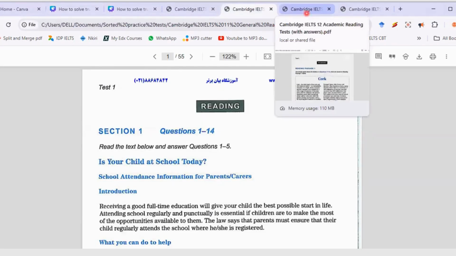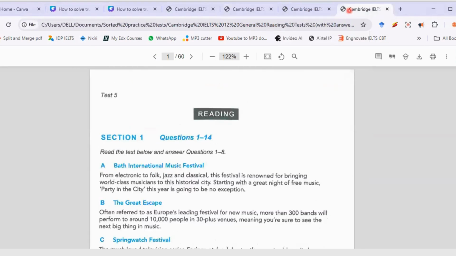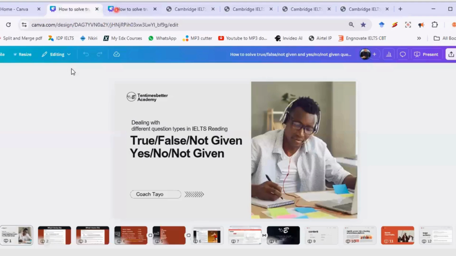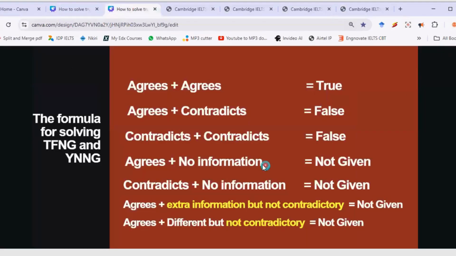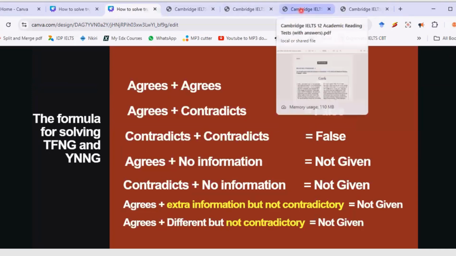I will tell the person to practice true false not given questions in IELTS General so that you can master this formula that I gave earlier on, especially when it comes to false and not given. That way you'll learn how to really analyze the sentences. By the time you do lots of practice, you will get used to how they trick people. Do you get my point? All right. So please keep that in mind.